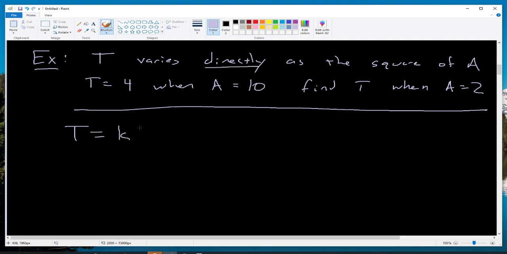Now they give us t is 4 when a is 10, so we put 4 in for t, and we put 10 in for a, and since a is squared, the 10 gets squared, so we get 4 equals k times 100. Divide the 100 across, so 4 hundredths equals k.